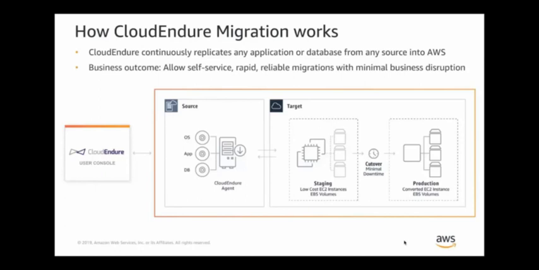Once initial replication is completed, the agent maintains continuous replication to the staging area, ensuring that we have recovery times of seconds. When you are ready, CloudEndure will orchestrate and launch the production environment within minutes, generally around 5 to 15 minutes. This includes the creation of production EBS volumes, production EC2 instances, network configuration, etc. The configuration of those production resources are based on the blueprint that was just discussed.